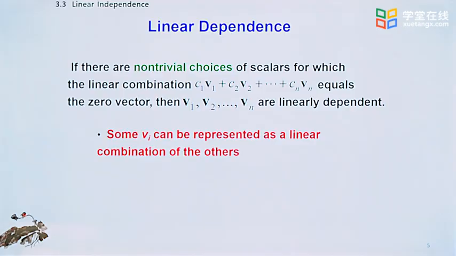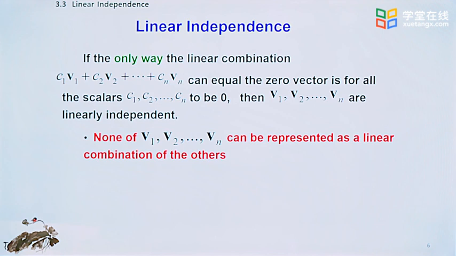If some vi can be represented as a linear combination of the others, then of course v1, v2 till vn are linearly dependent. And if the only way the linear combination c1v1 plus c2v2 plus till plus cnvn can equal the 0 vector is for all the scalars c1, c2 till cn to be 0, then v1, v2 till vn are linearly independent.